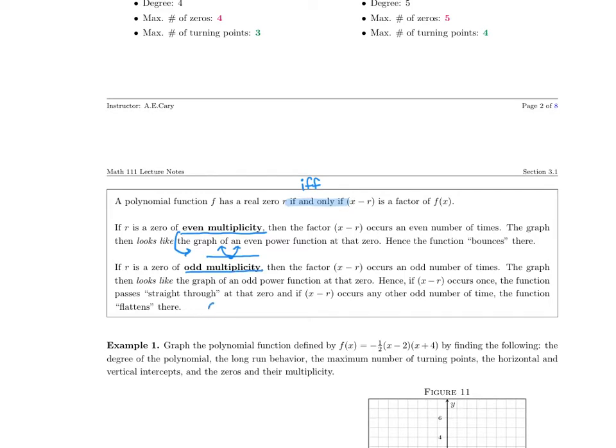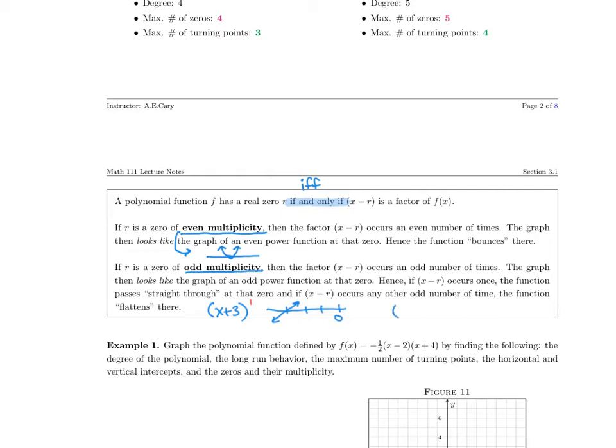So for a multiplicity of 1, say we have the factor x plus 3, it might look something like this. If here's 0, 1, 2, 3, you might just have a line going through that. So that's going to look like a straight line.